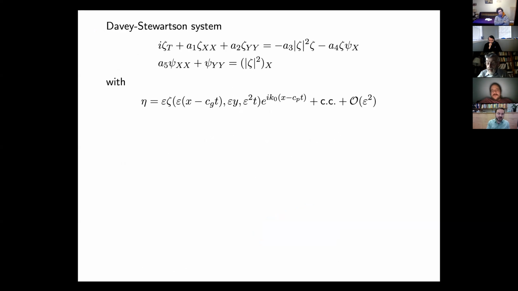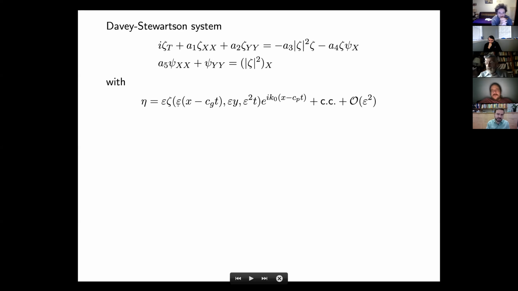Okay, so the other model equation is the Davey-Stewartson system, which you should think about as a 2D version of the NLS equation. So essentially you assume that the main part of the wave is just a plane wave moving in the x direction, small amplitude, and then it's modulated by this amplitude, zeta.